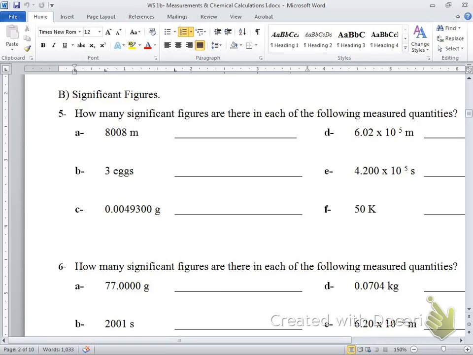All right, so how many sig figs in these numbers? Let's write down the rules. I'll write them on the board, the more traditional way of writing them.